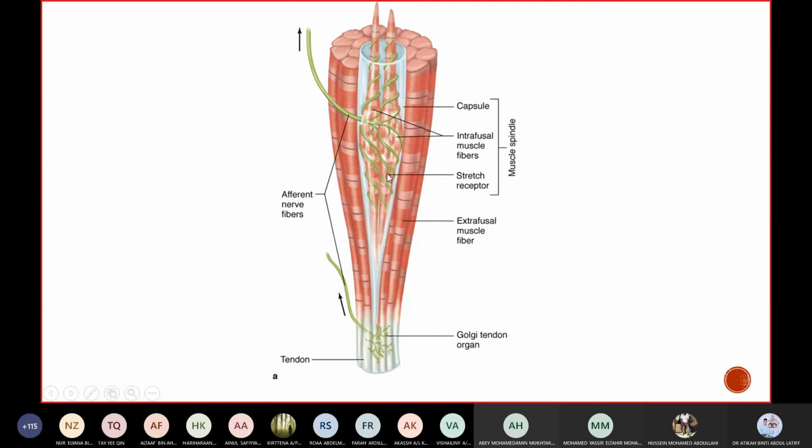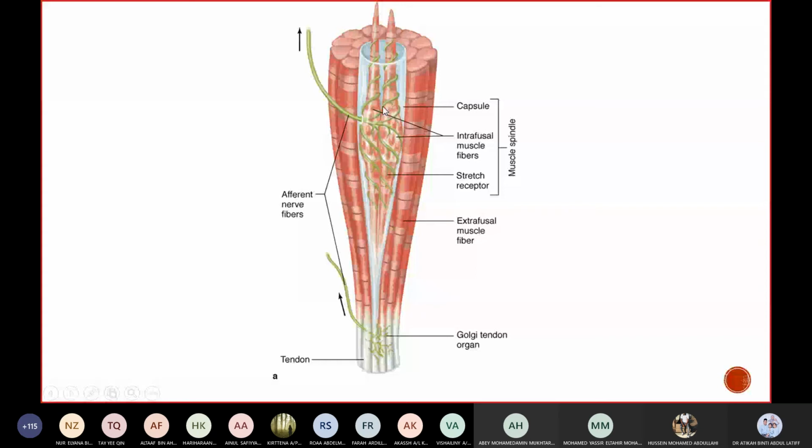Okay, and you also have stretch receptors throughout or surrounding your intrafusal muscle fibers, forming the muscle spindle. So it is made of this capsule, the intrafusal muscle fibers, and your stretch receptors, giving information through this afferent nerve fiber.